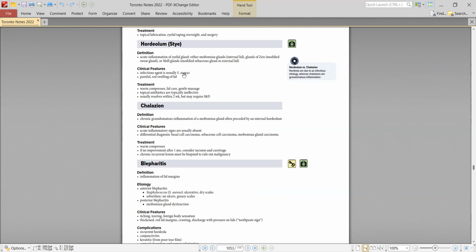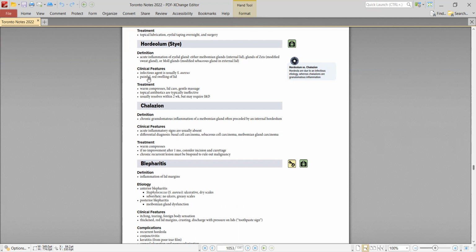The infectious agent is Staph aureus, causing a painful red swelling of the lid. Staph aureus is present on our hands. So basically if you rub your eyes a lot, you can put the infection in your eye.